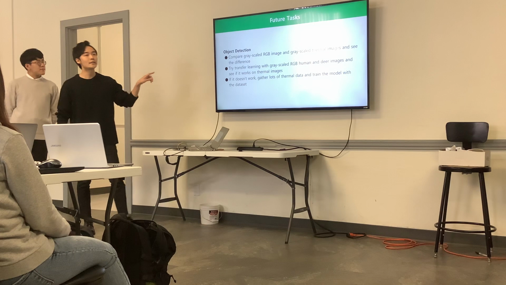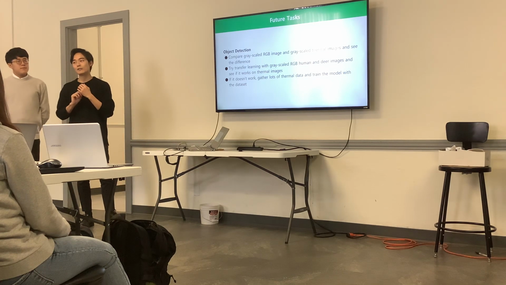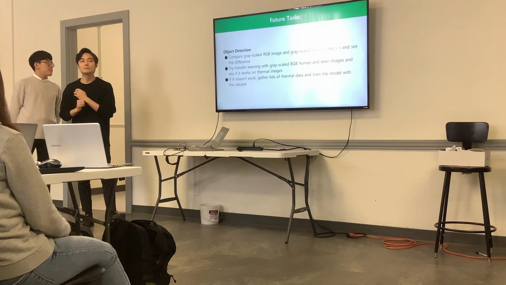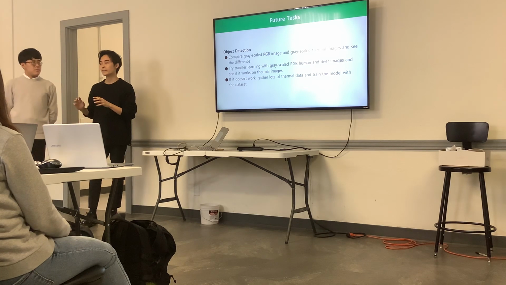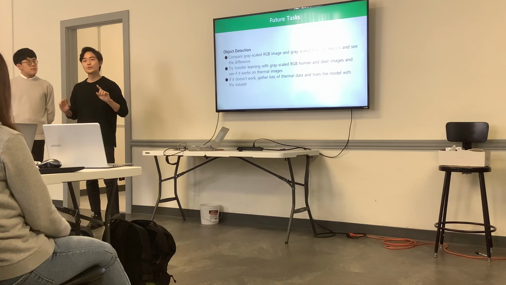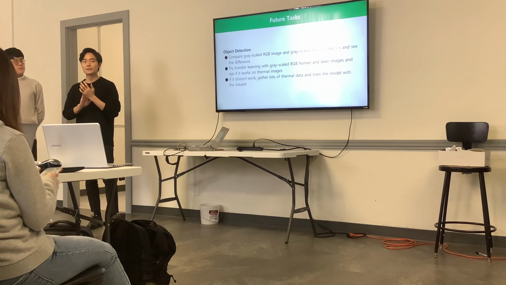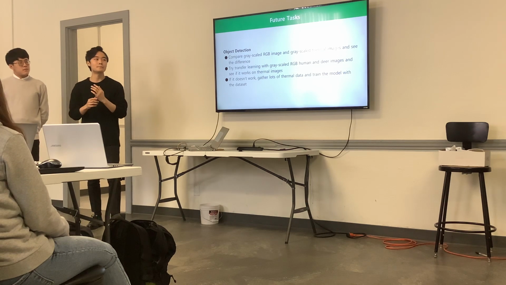And about object detection, because we are dealing with thermal images, the amount of data must be the problem. So what we are trying to do is just to make colored image grayscale and train model with them. We are still not sure whether it works or not. If it doesn't work, we have to gather thermal images by ourselves.